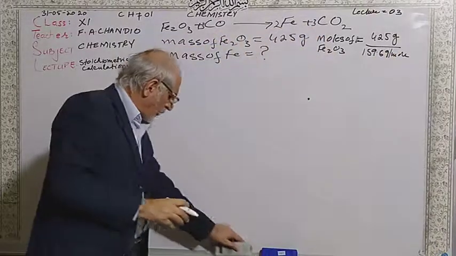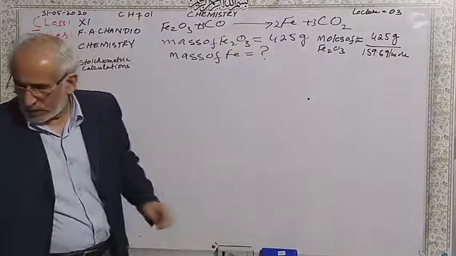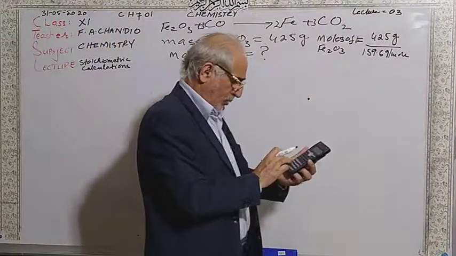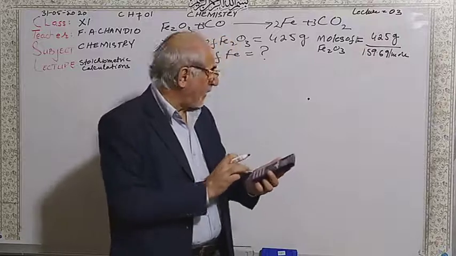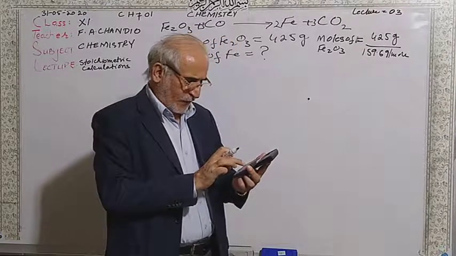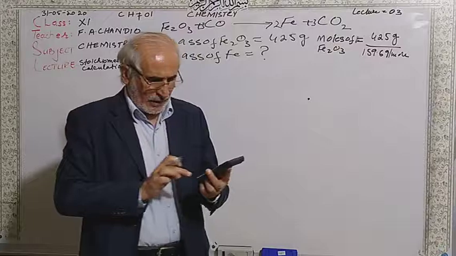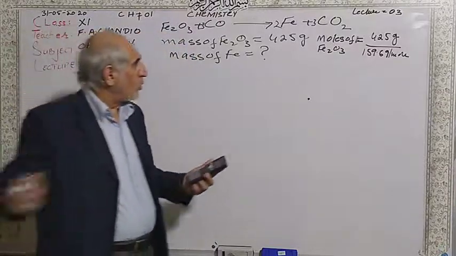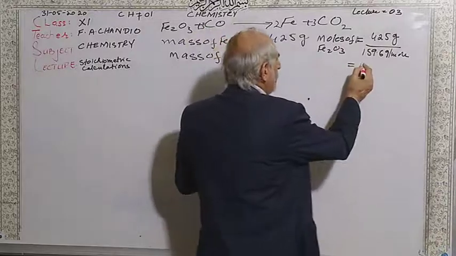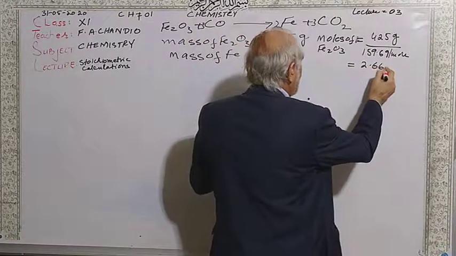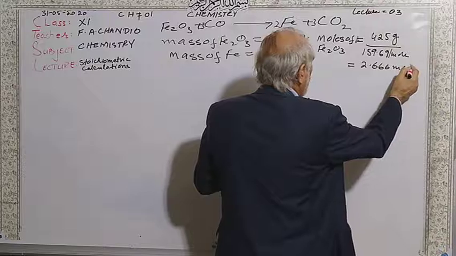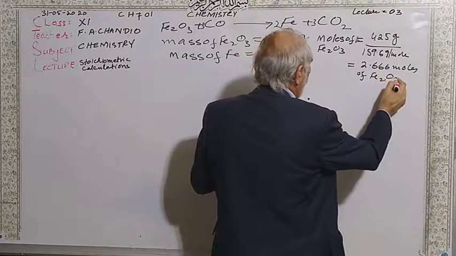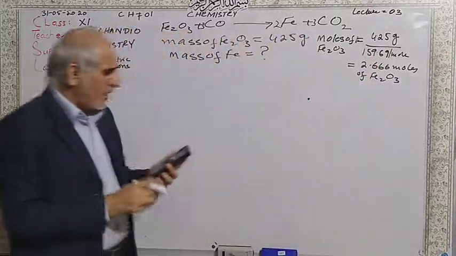So dear students, if you calculate this, 425 divided by 159.6, the answer is 2.666 moles of iron ore. These are the number of moles.